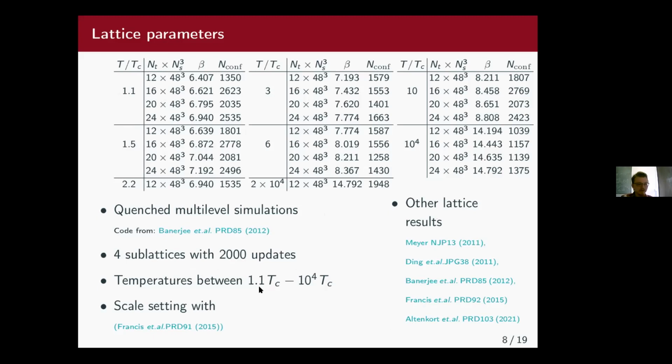The temperatures range between 1.1 and 10,000 Tc, and we used the scale setting from Francis et al. Of course, most of the temperatures are between 1.1 and 10, and the 10,000 is just there to combine with the perturbation theory, as at very high temperature we expect the perturbation theory to be true.